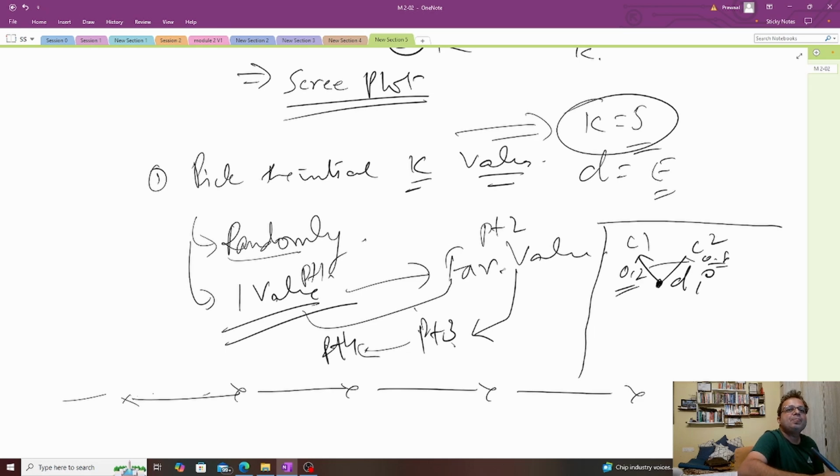So instead of giving hard values, we put probabilities of this belonging to a particular cluster, and we can also raise these probabilities to a power f, which is the fuzzy value. This is called c-means, not used so much, but you should know that this is also one of the variants of k-means clustering.